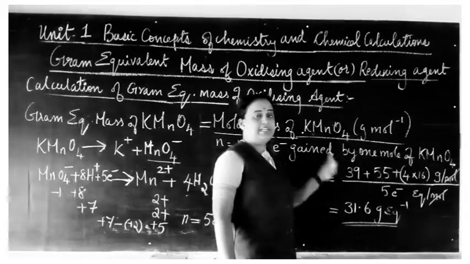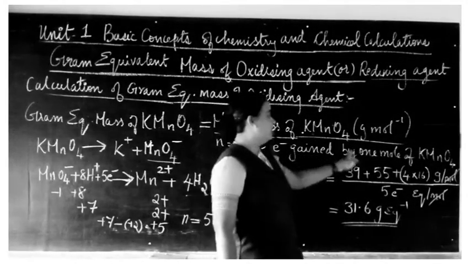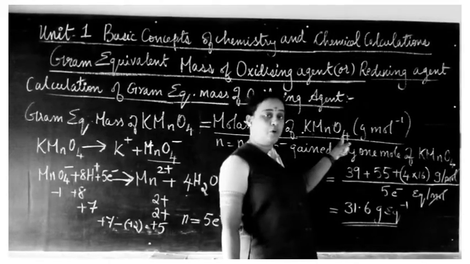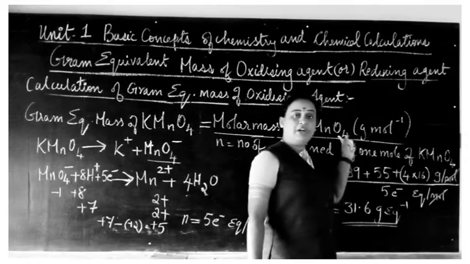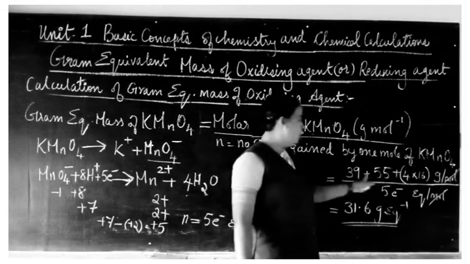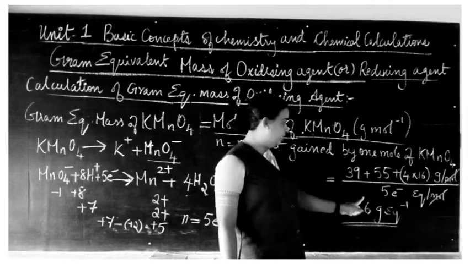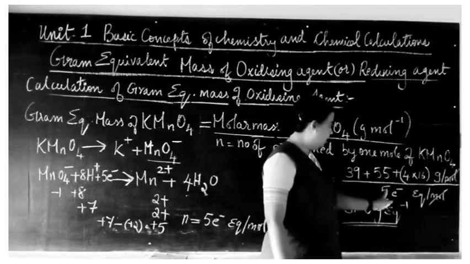For potassium it is 39, for manganese it is 55, and oxygen has 4 atoms, with atomic mass 16 for one oxygen atom, so 4 into 16. All together, 39 plus 55 plus 4 into 16 equals 158.